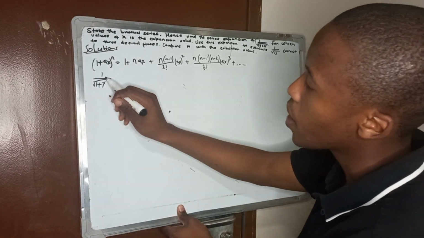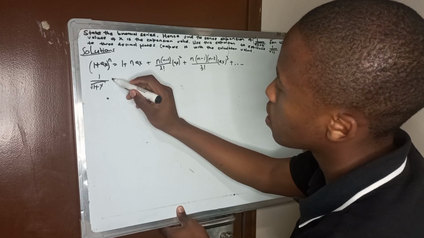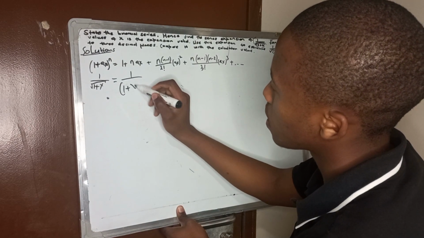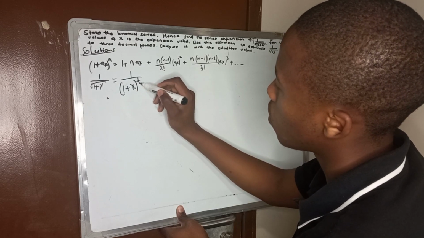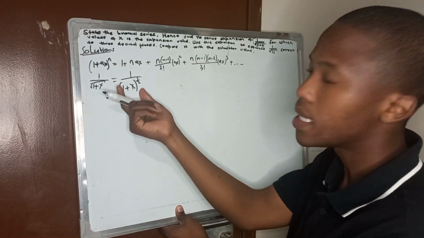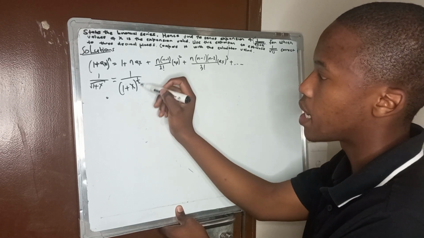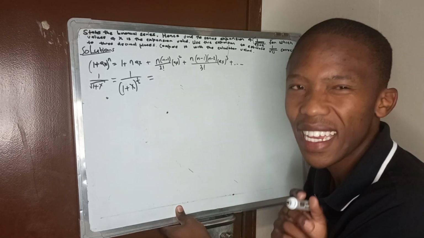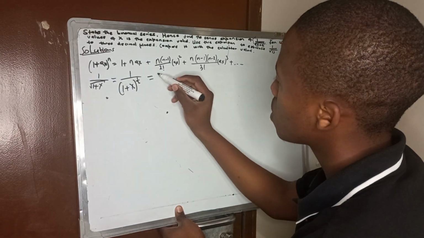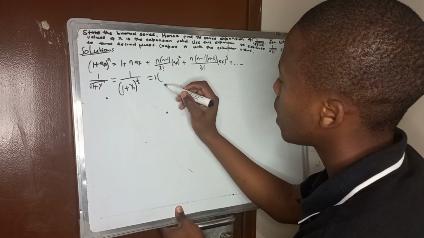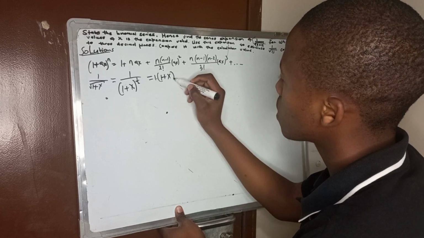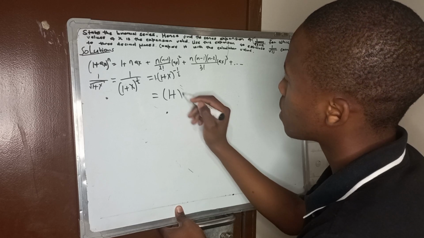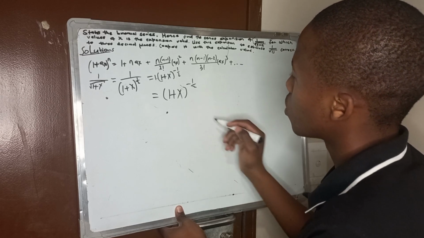Okay, so 1 over this is the same as 1 over 1 plus x all raised to power 1 over 2. But xa ndithatha le denominator ngisa ngentla kuzokwenzeka ntoni kwi-exponent yam? It will change the sign. So this will become 1 times 1 plus x to the power negative 1 over 2, which is simply 1 plus x to the power negative 1 over 2.